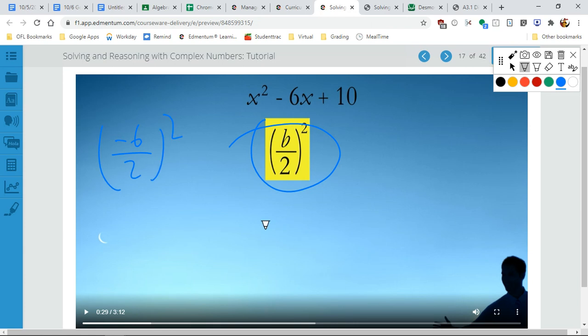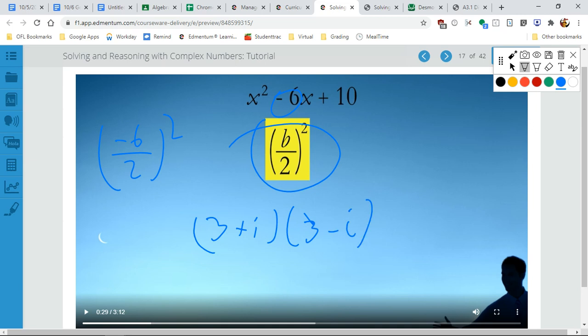I don't know if you guys remember the idea of completing the square, but the idea is that we take this number, divide it by 2, and square it. So that's where they're getting that 3. And they're going to get that plus i in order to get that conjugate.